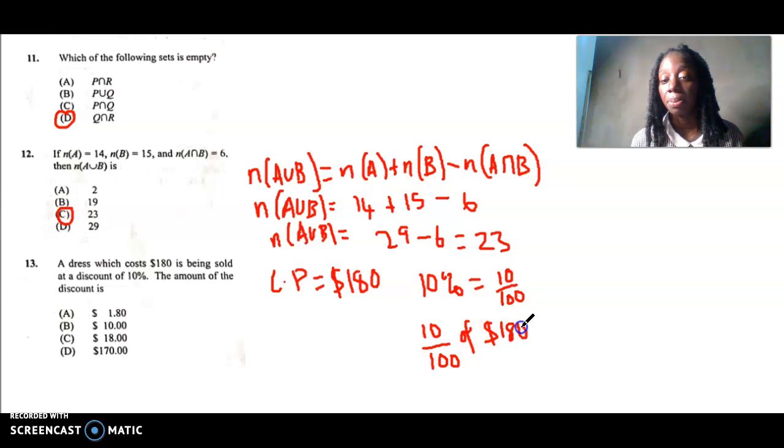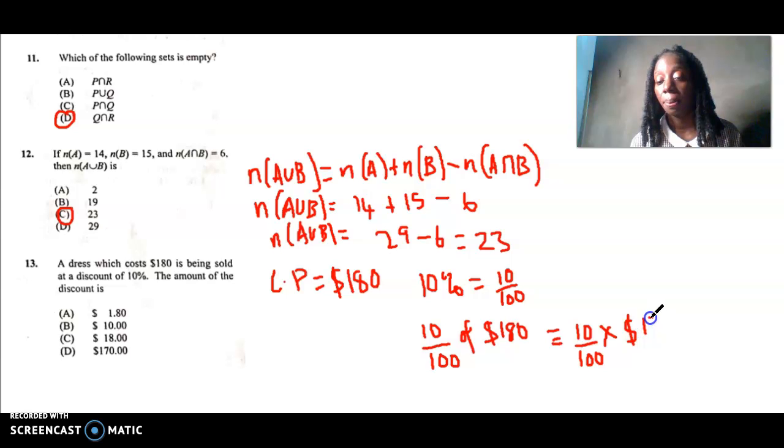All right, so this can be rewritten as 10 over 100 times $180. All right, so at this stage we can cross cancel, so we check a numerator and a denominator to see if there's a common factor.